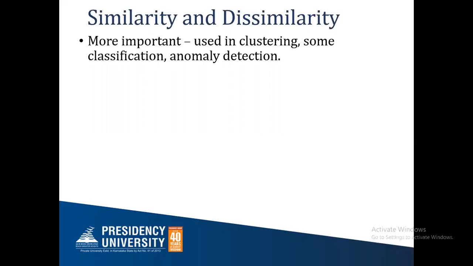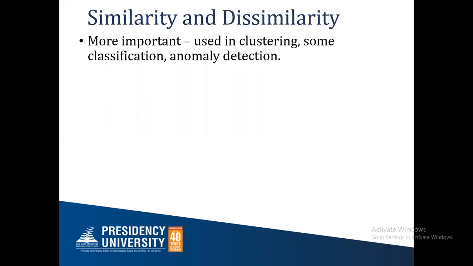And anomaly detection is to detect a particular object which may be an outlier. That means it is very much dissimilar compared to the other data objects. If it is not like any of the objects available, it is said to be an anomaly or an outlier. So this measure is applicable in anomaly detection also.